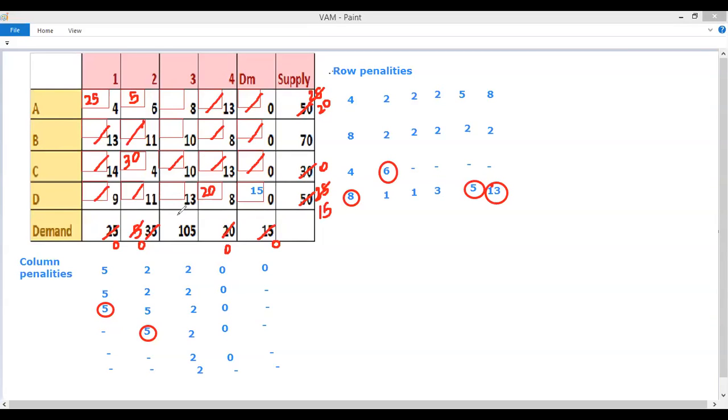So here for this cell, the demand is 105 and the supply is 15. So which is minimum? 15 is minimum. So you allocate 15 units of resources. So this particular value will become 0. And this value will become 90.